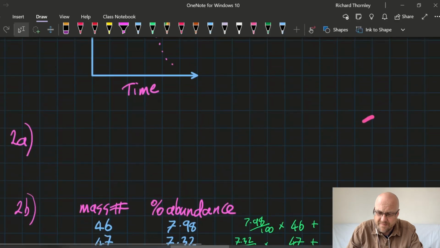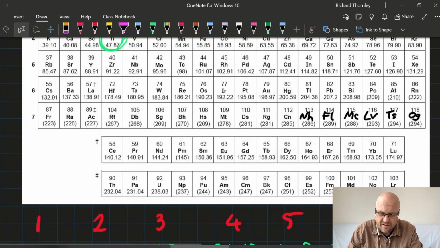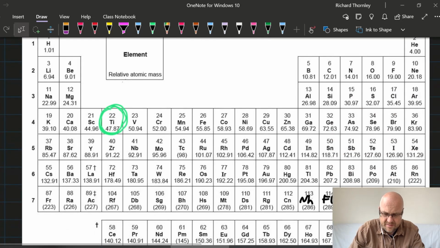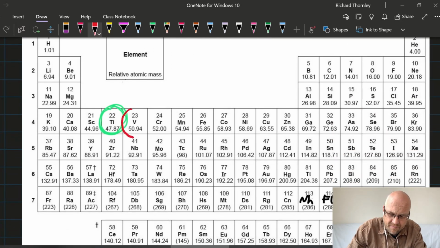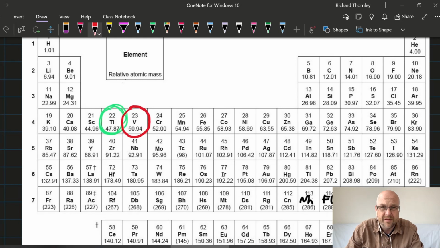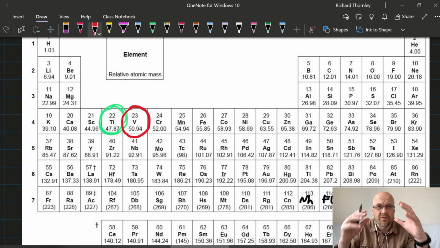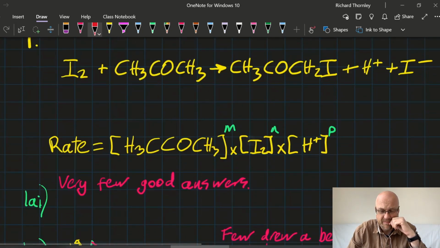Why is the melting point of vanadium greater than titanium? So let's see. I've got vanadium and titanium. Well, there's kind of 2 IB reasons why melting points of metal change. It depends on how big the metal ion is, and it depends on the charge of that metal ion. So it's to do with charge density. Bigger ions have lower melting points, and lower charged ions have lower melting points.